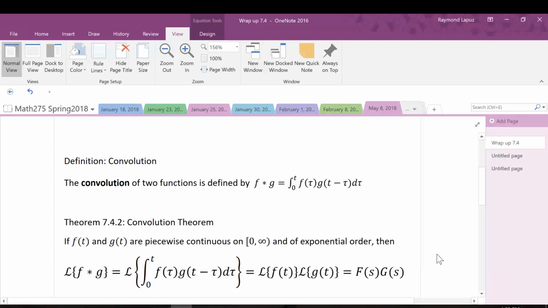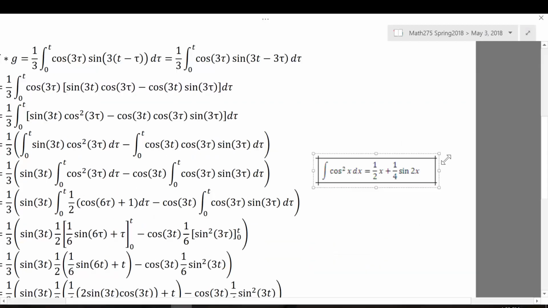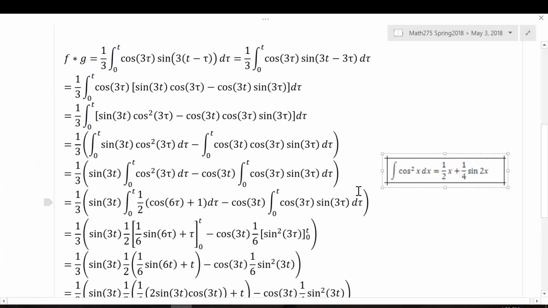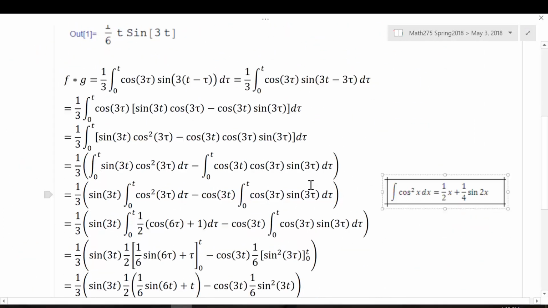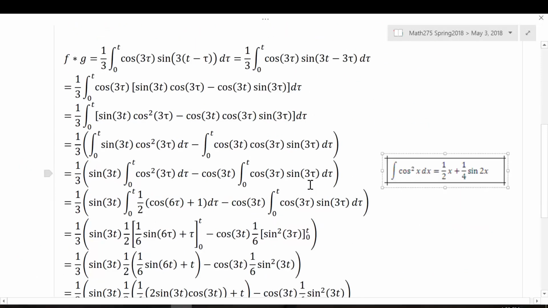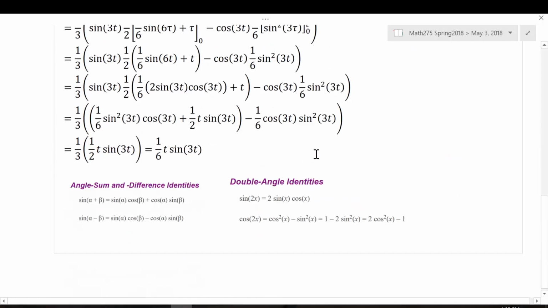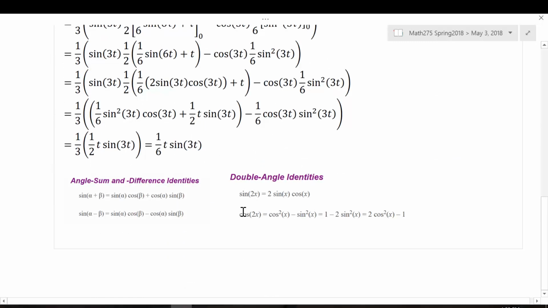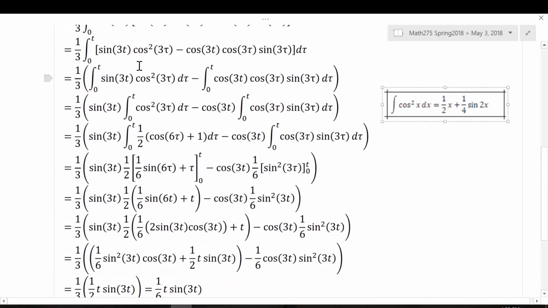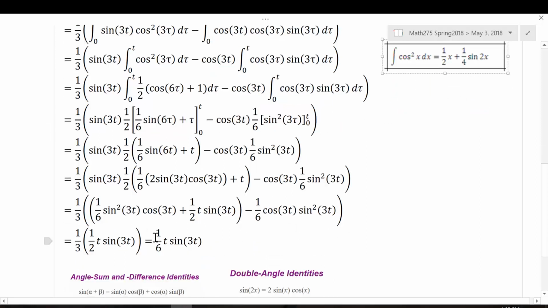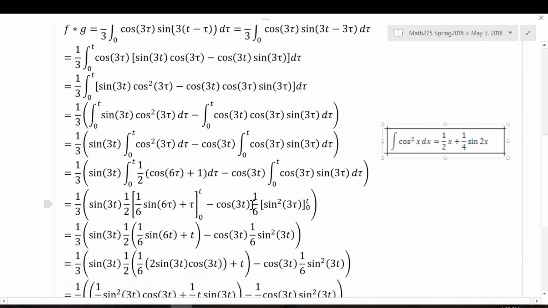It kind of looks like this, and it's just a lot of stuff here because it requires some trig properties. So I walked through all the trig properties and all the trig integrals that are needed, and then eventually came up with the same result that we got by doing it the other way.